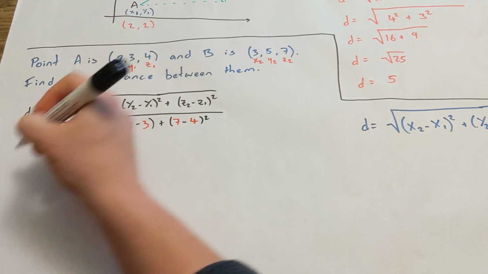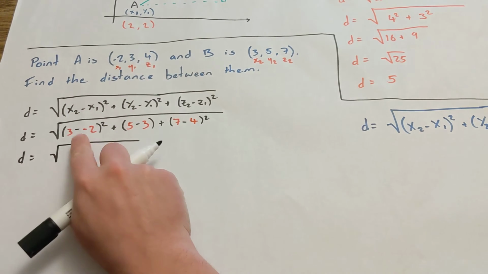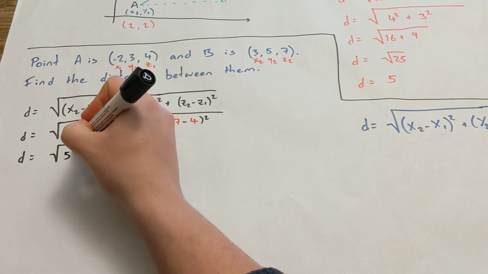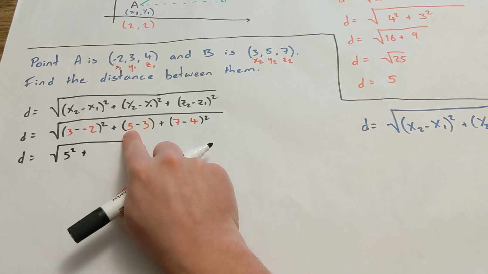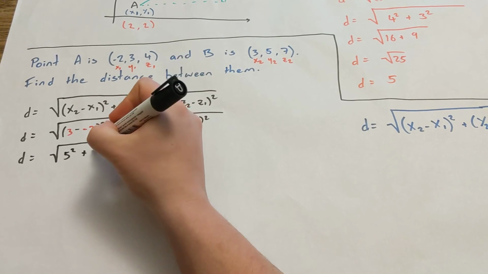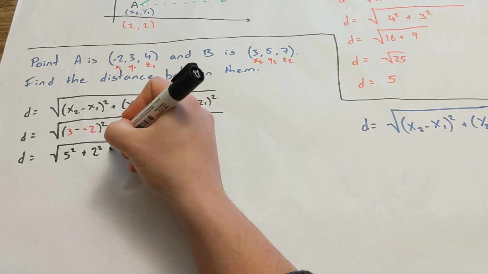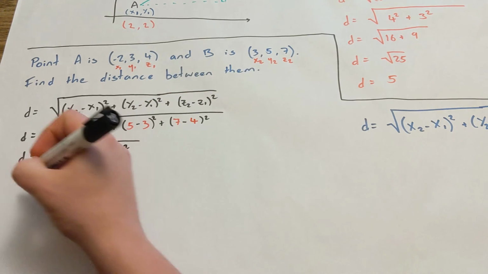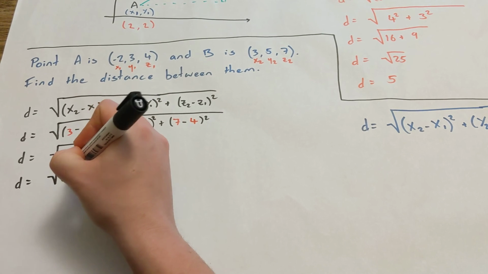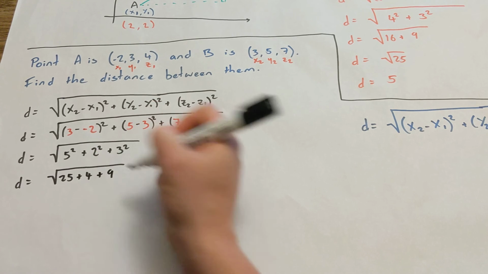And let's work that out then. So, equals the square root of 3 minus -2 is 5 squared. 5 minus 3 is 2, so 2 squared. 7 minus 4 is 3, so that's 3 squared. So that means the distance equals the square root of 25 plus 4 plus 9.